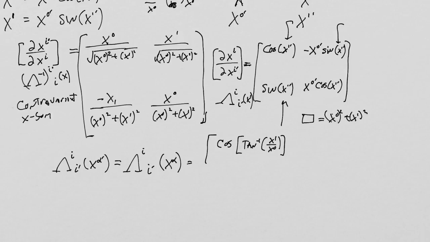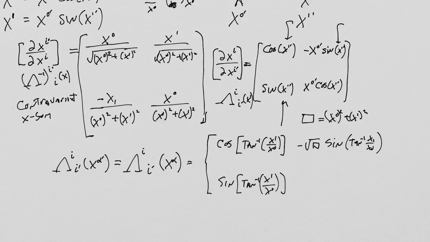So I get minus square root box times the sine of the inverse tangent x1, x0. And then this other one is just the sine of the inverse tangent of x1, x0.